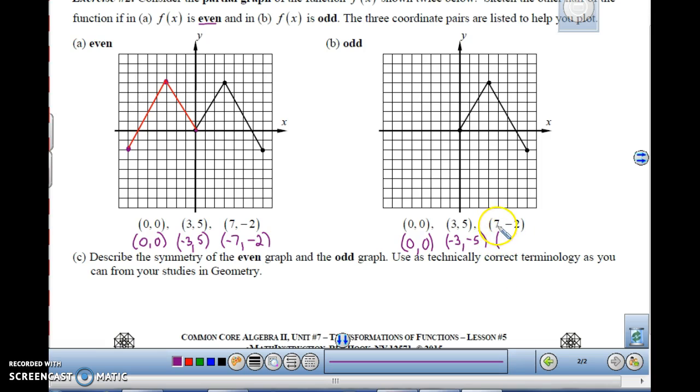All right, one more. If your input is 7, its opposite would be negative 7. Its output will give you the opposite of negative 2, which would be positive 2.